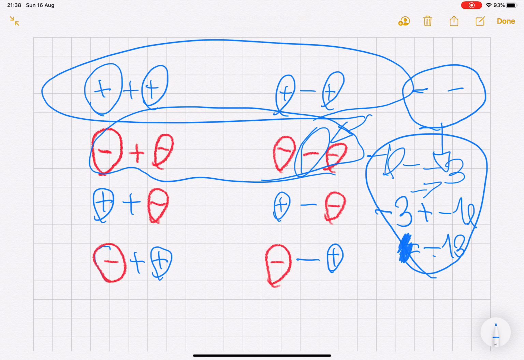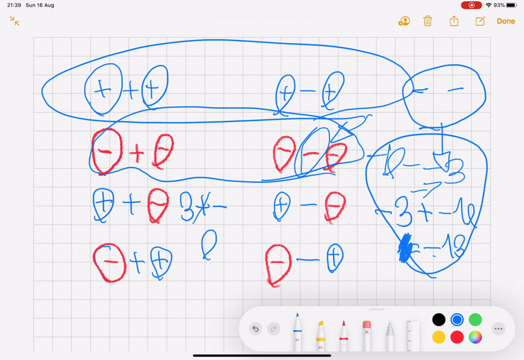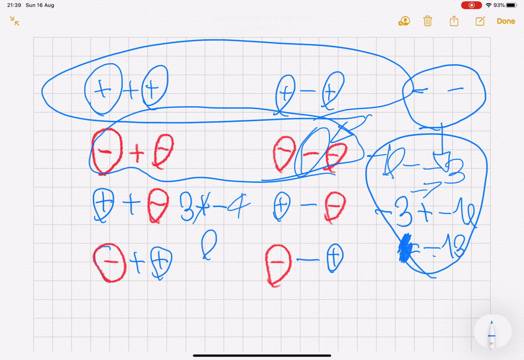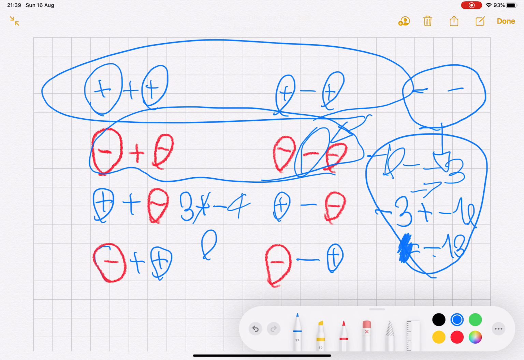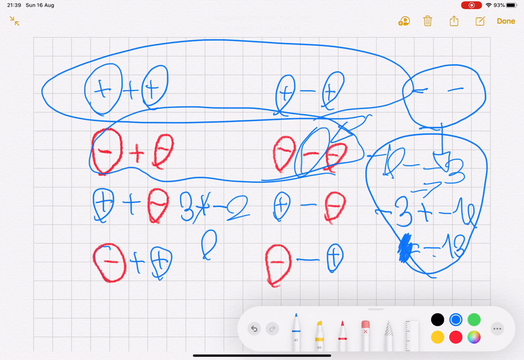So plussing a negative is like, if we do 3 plus negative 3 is equal to 0, because the plus cancels out, and 3 minus 3 is equal to 0. Or if this is a full, it would be a negative 1. But if it's like negative 2, it would be a 1.